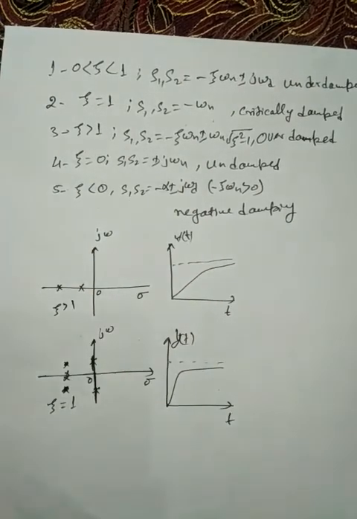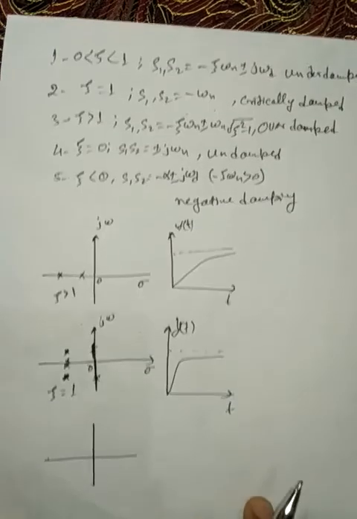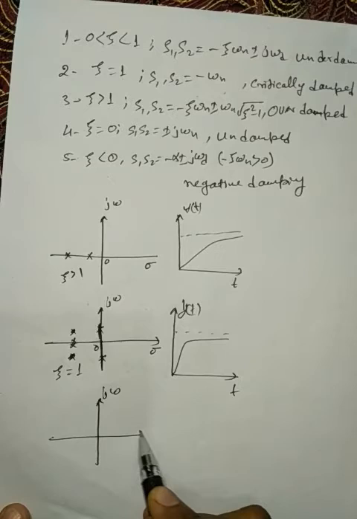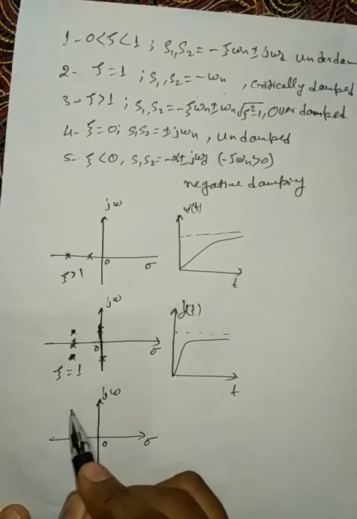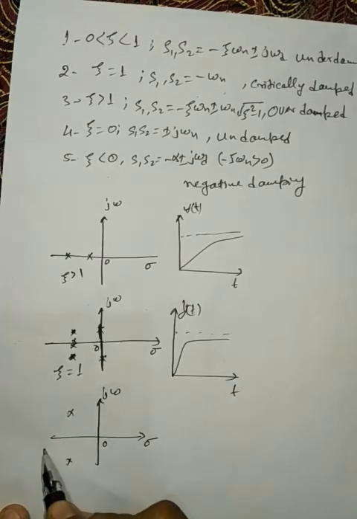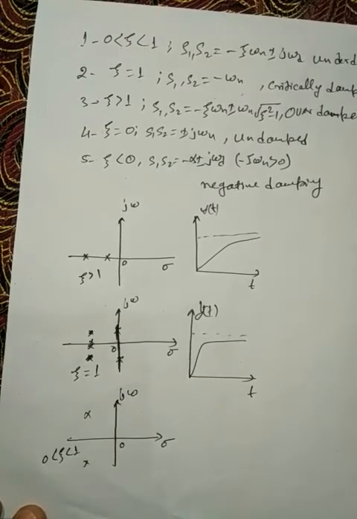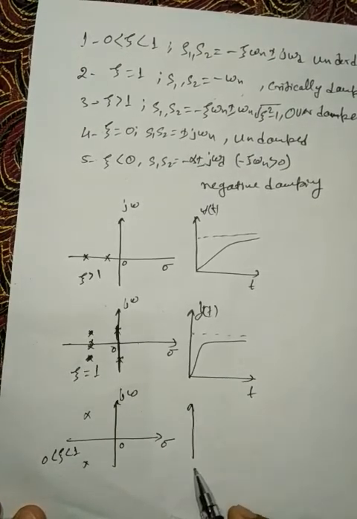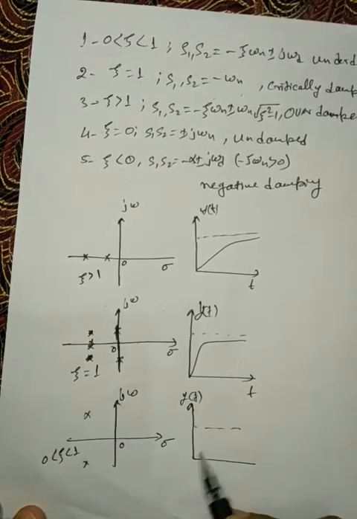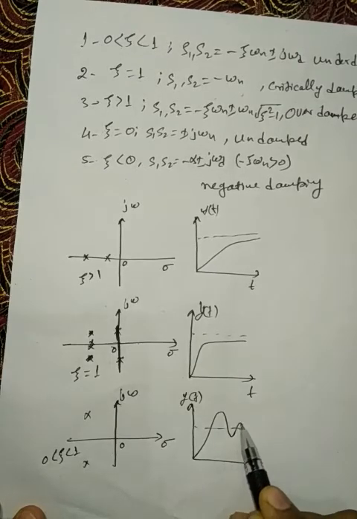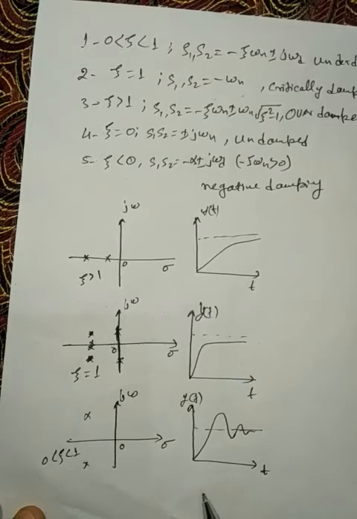And then third case, when I have complex poles, in this case zeta is in between 0 and 1, and the response is under damped response.